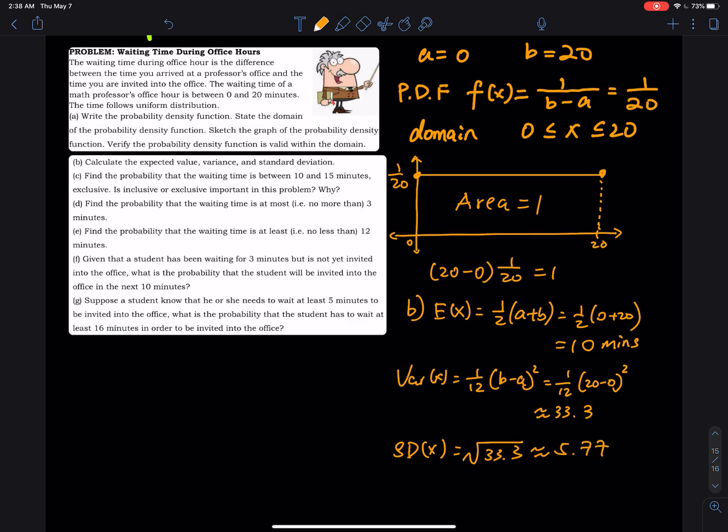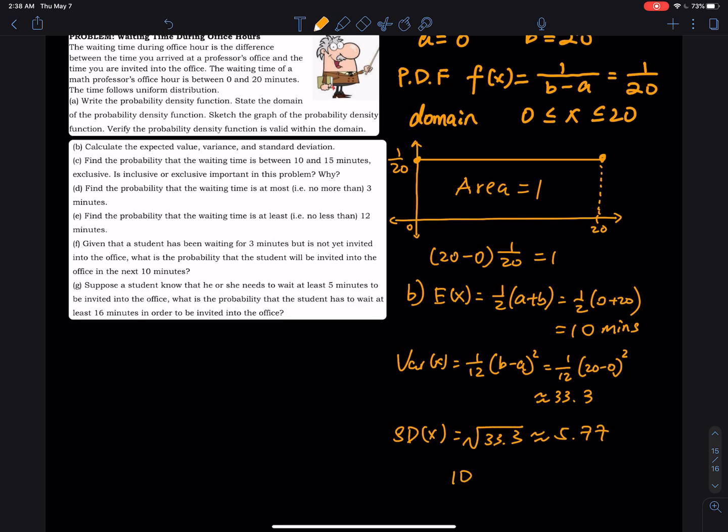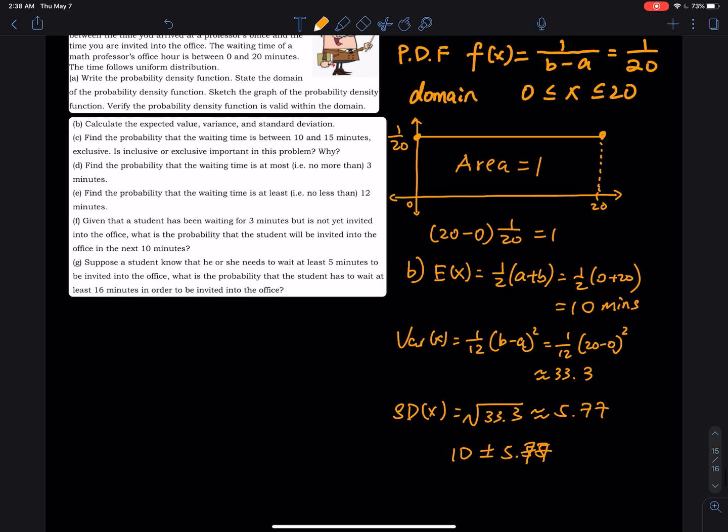So on average, you have to wait 10 minutes. To give you a better estimate, you have to go plus or minus 5.77 to set up an interval estimate. Interval estimate is always more flexible compared to a point estimate. So let's say I ask you a question: how much time do you need to drive to school? You don't say I need 20 minutes, right? You say on average I need around 15 to 30 minutes to drive to school.